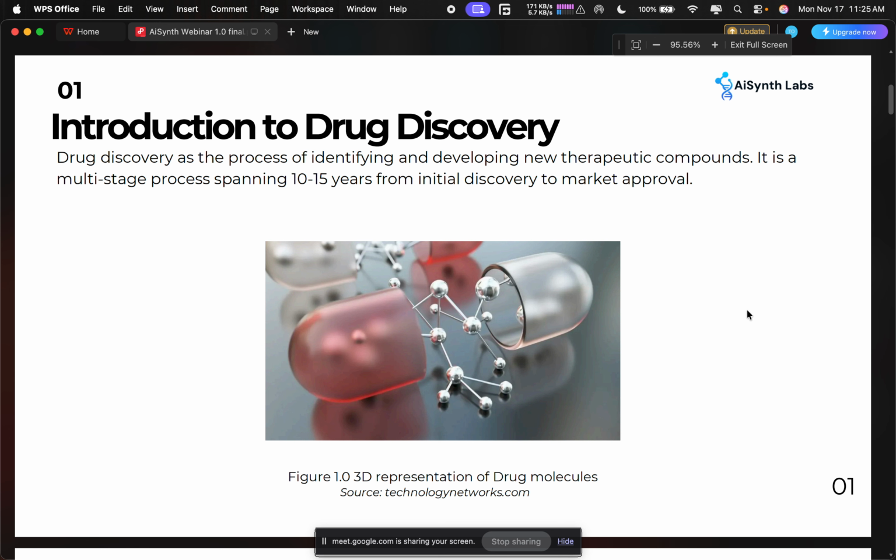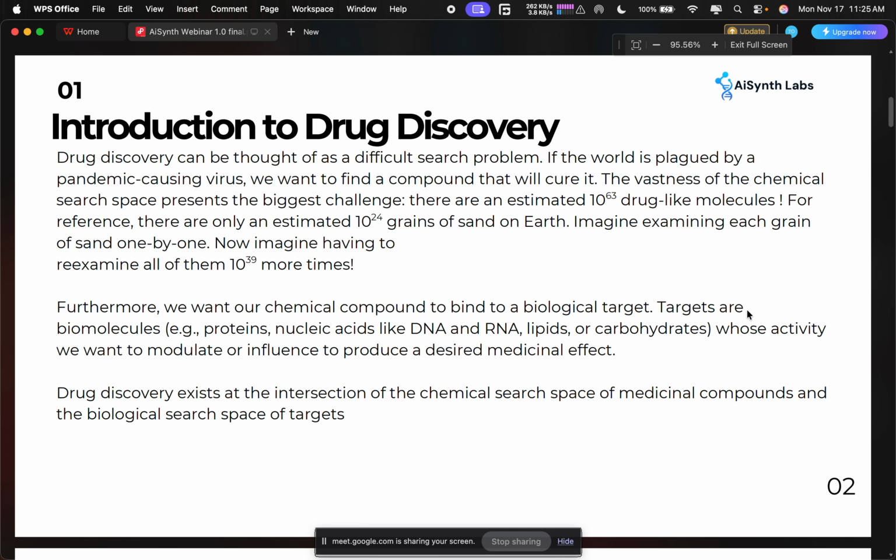So you go back to the drawing board to pick another drug, and you run it all over again. So it's a difficult search problem, basically. Like I said, if you're looking for a particular drug for a particular disease, let's say a pandemic-causing virus like COVID-19, and we want to find a compound that will cure it, one thing you should know is the chemical space. Mind you, not all chemicals are drug-like.